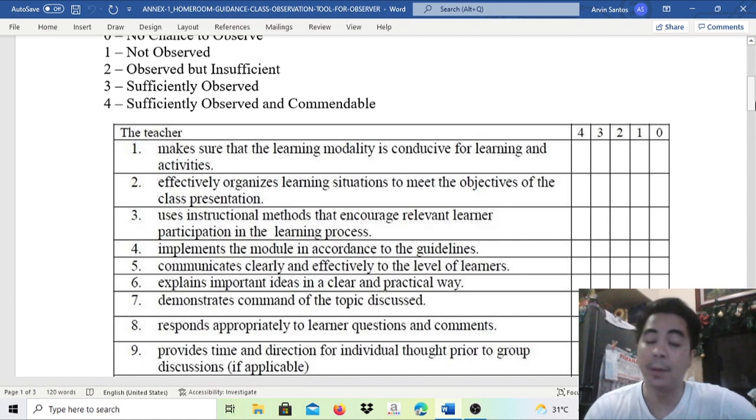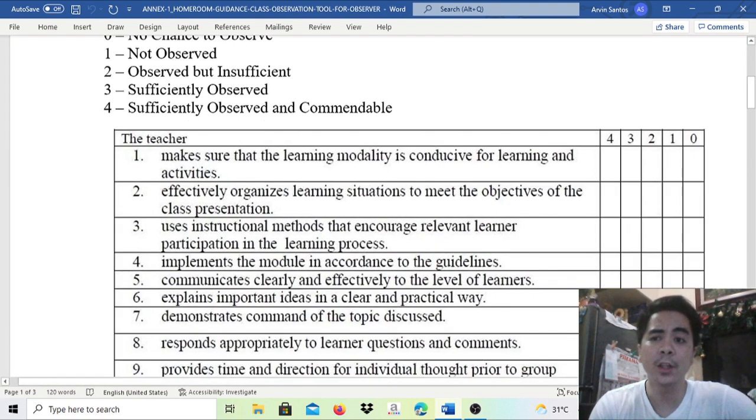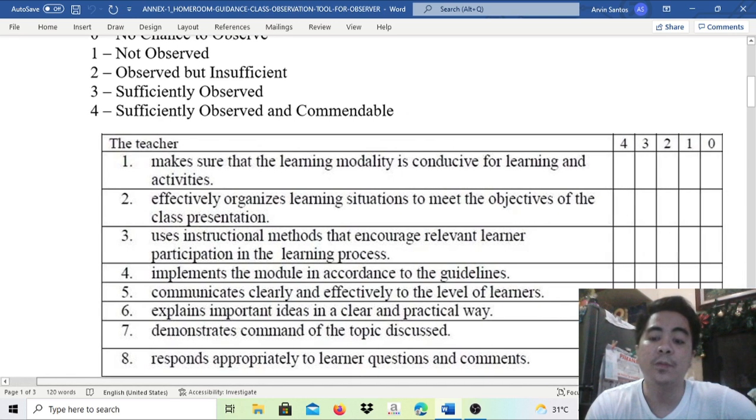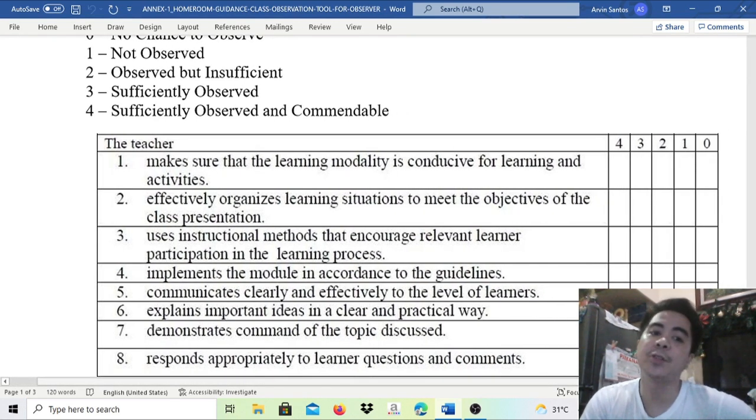So, yun. Number 2 po, effectively organize learning situation to meet the objectives of the class presentation. So, na-organize yung mga activities, saka nagkaroon ng mga supporting tasks or strategies para po ma-adapt or ma-attain yung objective.